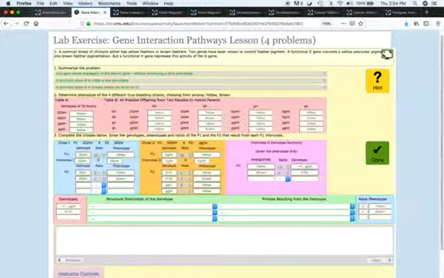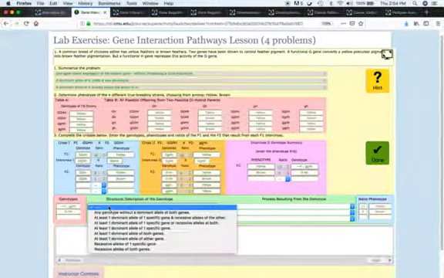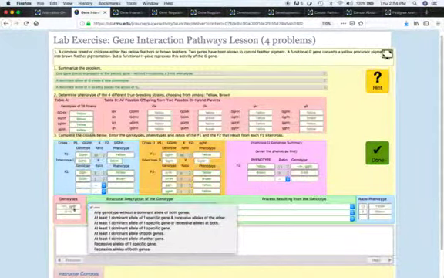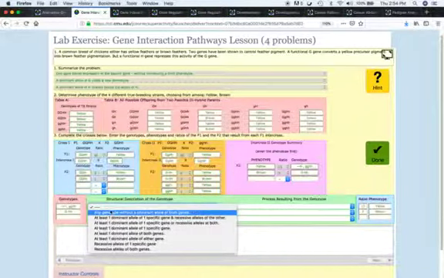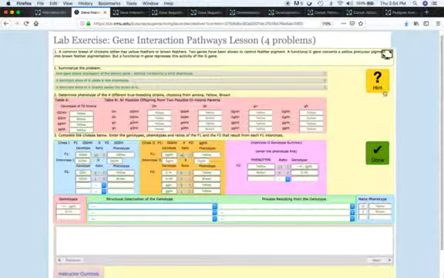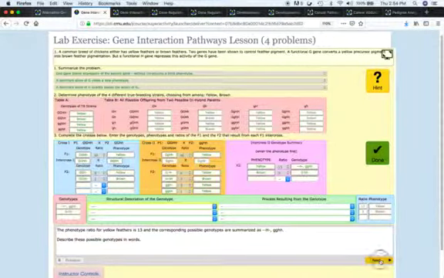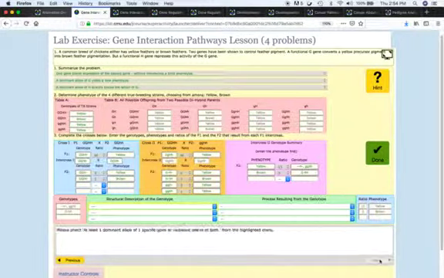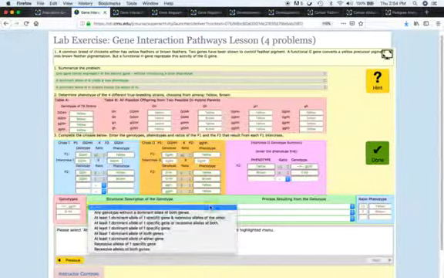chicken. Then after you do that, you're asked to summarize again, more concisely, all the different genotypes that can result in a yellow chicken. And this explains the reasoning leading up to that.